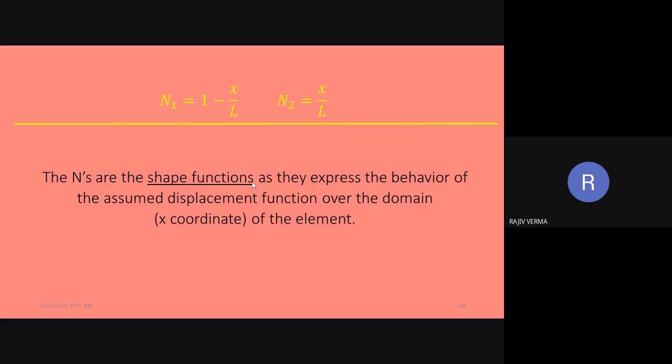Hence they are known as shape functions, as they determine the type of behavior over the domain of the element. In this particular case, since we are talking about a line element, the domain of the line element is going to be represented by the x coordinate only.